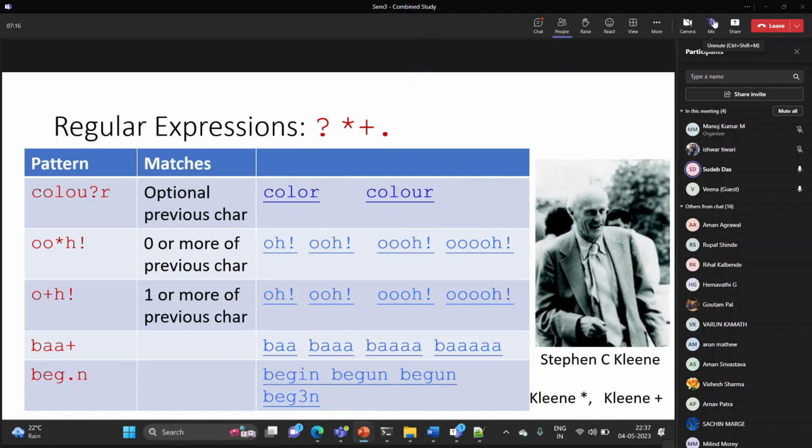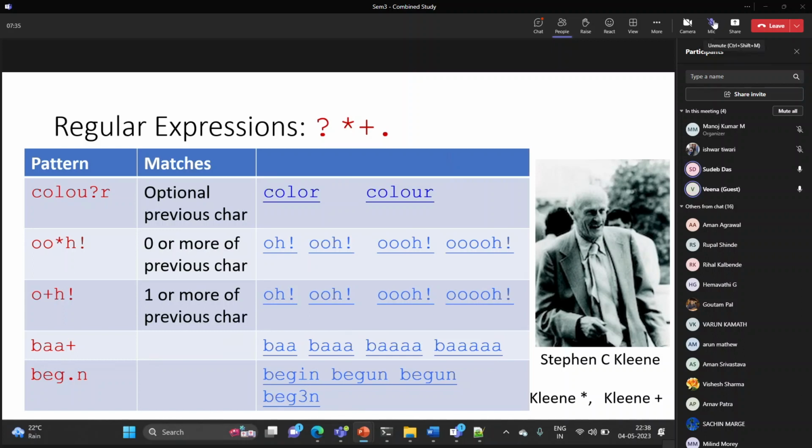Now, one question on the third one, O plus H exclamation. Only O is increasing, H is 1. H is always 1, right? H is after the star or plus. After the star or plus, whatever is there, that will be 1 only.